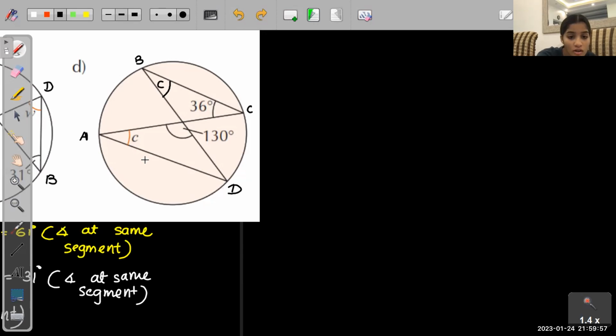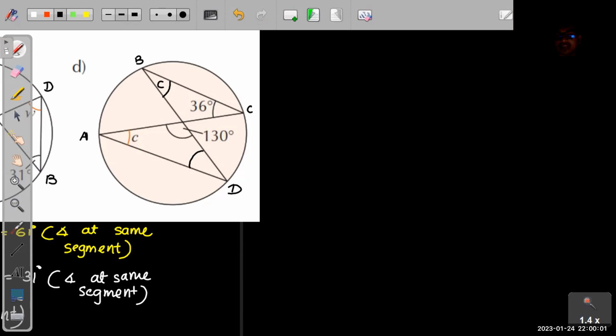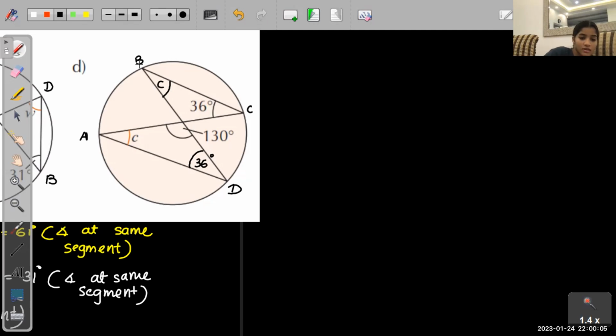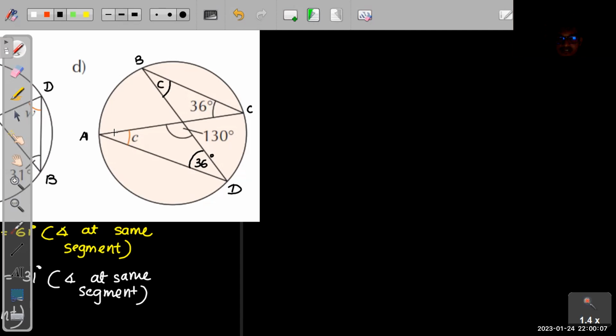130. Can't you say this is 36? Starting from B, C, A; starting from B, D, A, which means angles at the same segment. So I can write angle BDA equals 36, angles at the same segment.